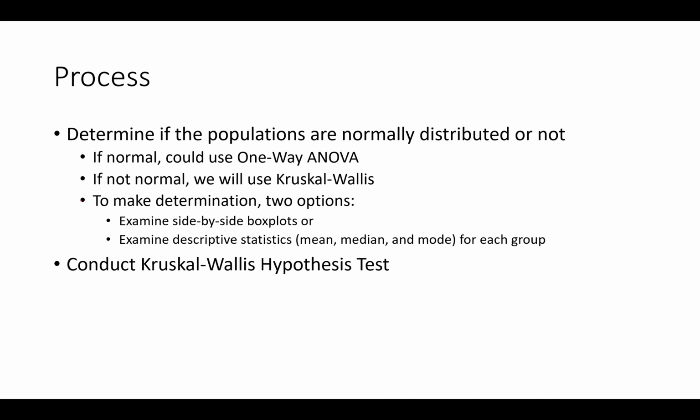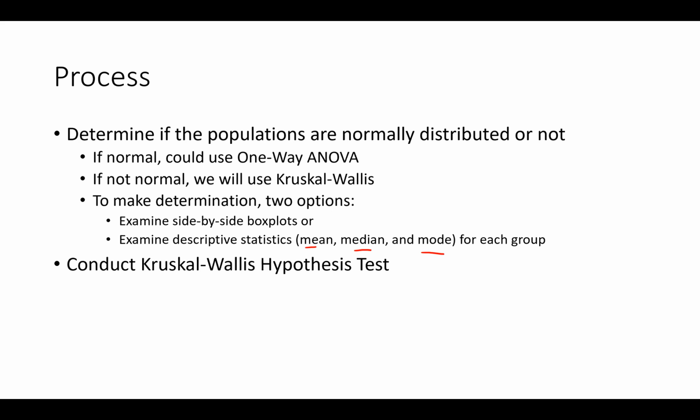To decide whether or not they're normal, we have a couple of options. We can either look at the box plots, or we can look at the mean, the median, and the mode for each group.